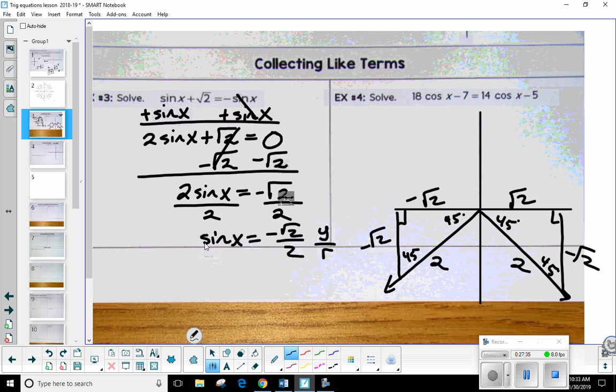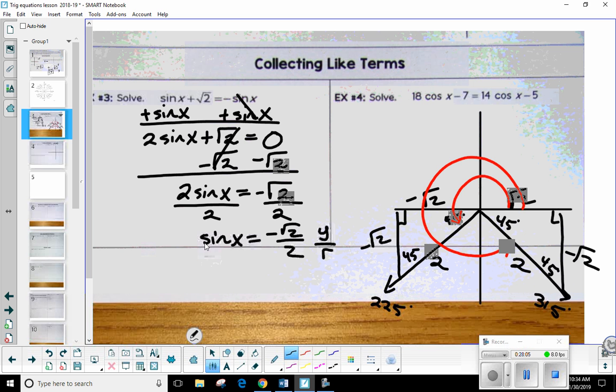So remember, always start here. I want this one, and I want this one. Let's start with the degrees. What would 180 plus the 45 be? 225. And then 270 plus an additional 45.